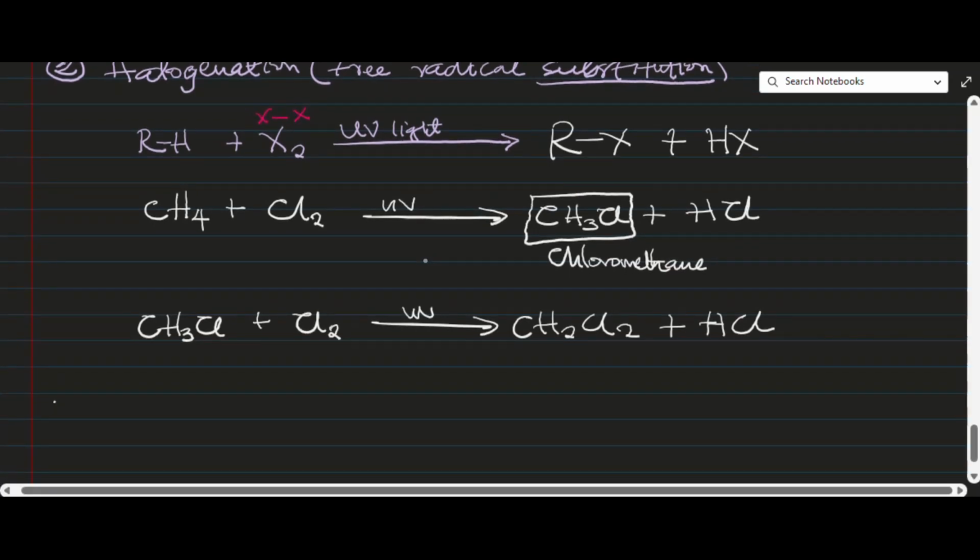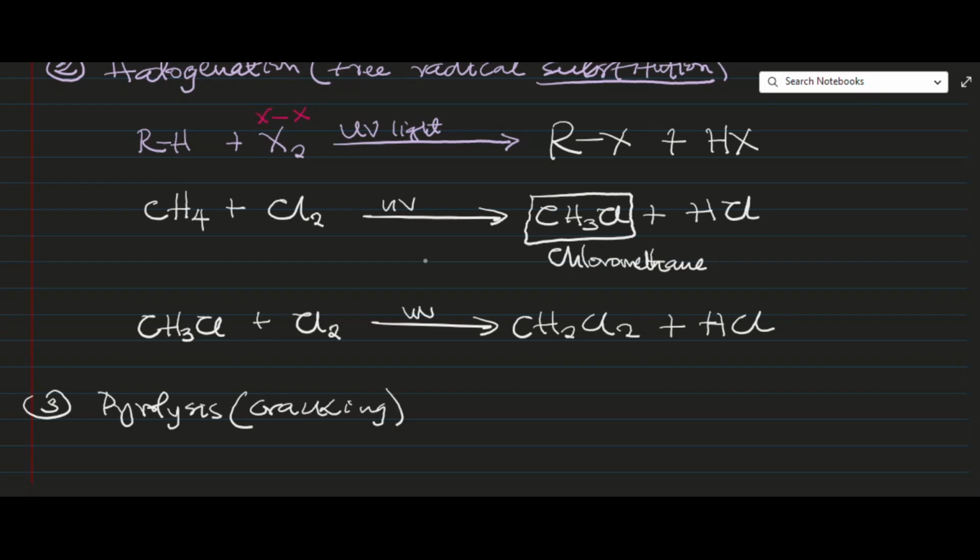So another reaction of alkane is what we call cracking or pyrolysis. It involves heating alkanes to very high temperature without oxygen. This heat breaks big alkanes down into smaller alkanes and alkenes.